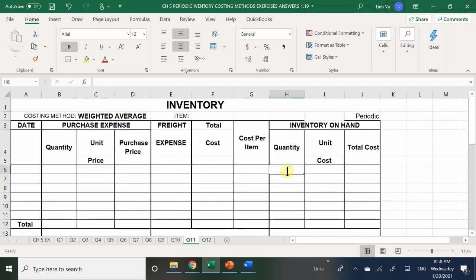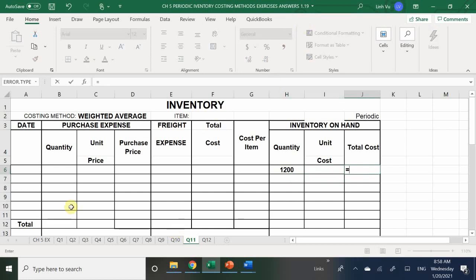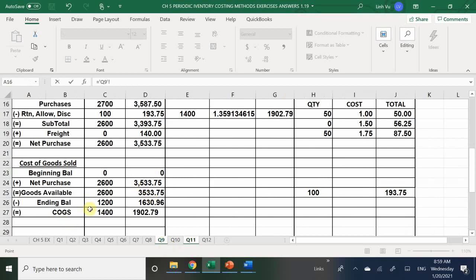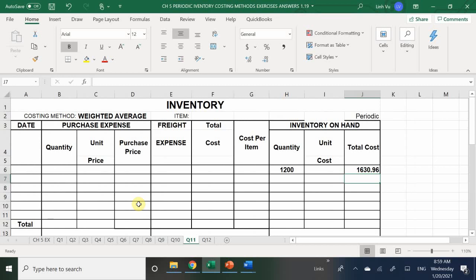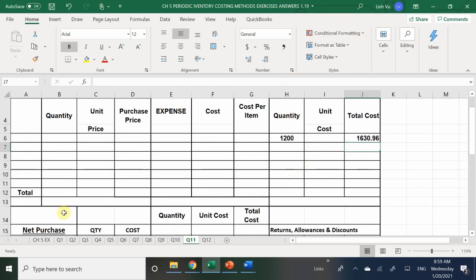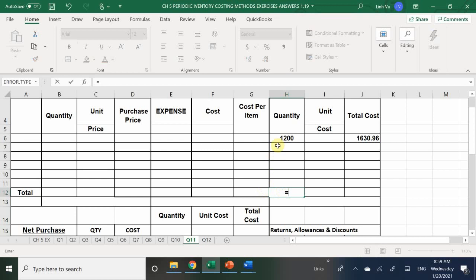Because we know that my total ending inventory was 1,200 items, and we know the total cost of that, from question number 9, is 1630.96, because we don't care about each cost per item. That's all I need right here, just this beginning inventory, and I'm going to link it into my total cost at the bottom, just so that I know I have beginning inventory.